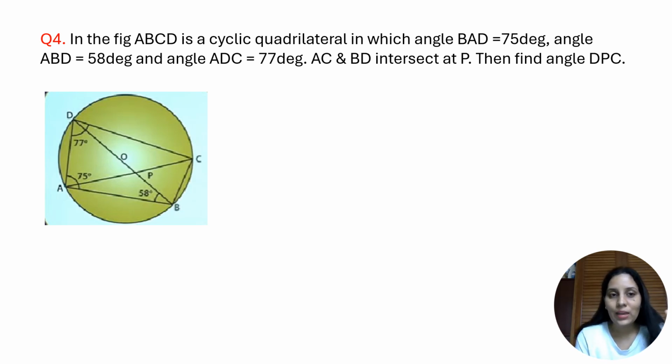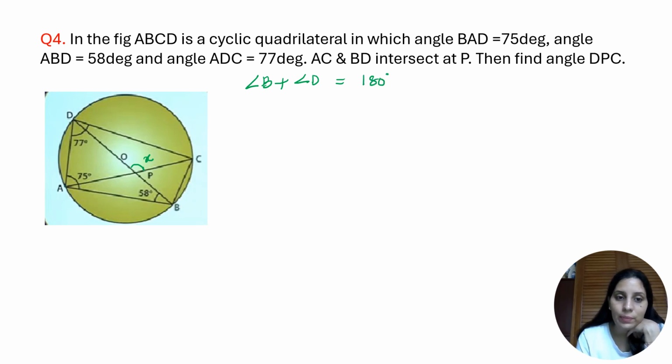Moving on. In the figure, ABCD is a cyclic quadrilateral in which angle BAD is 75, angle ABD is 58, and angle ADC is 77. AC and BD intersect at P. Find angle DPC. So this is what we need to find. Since it's a cyclic quadrilateral, we know that the sum of opposite angles is always equal to 180 degrees.